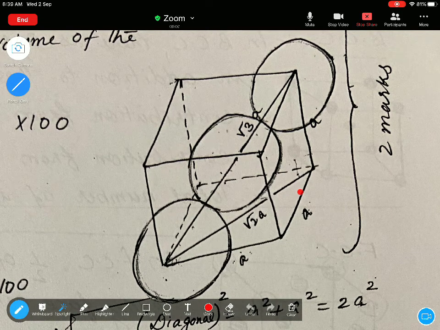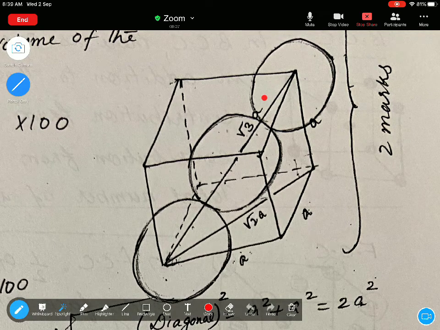This is the relation between R and A. That is the relation in the case of the body-centered cube.